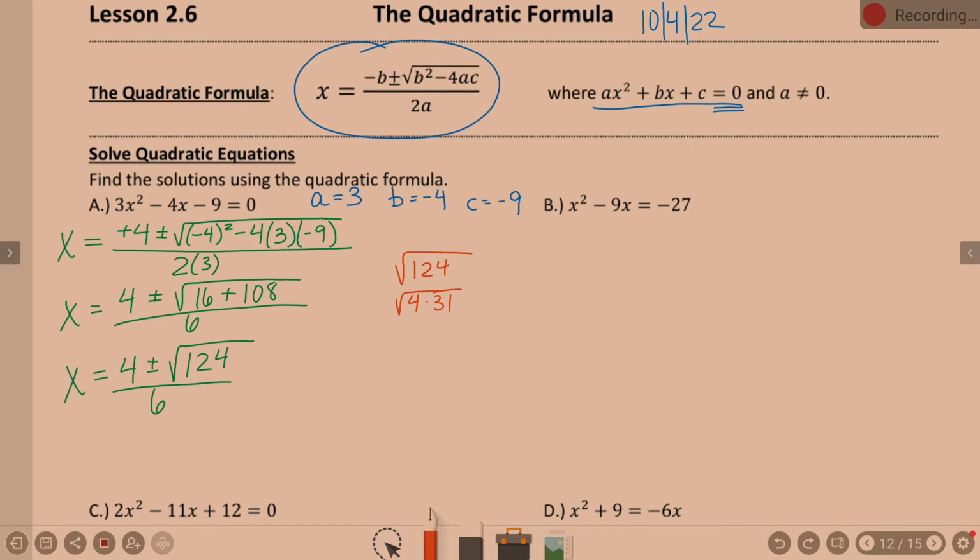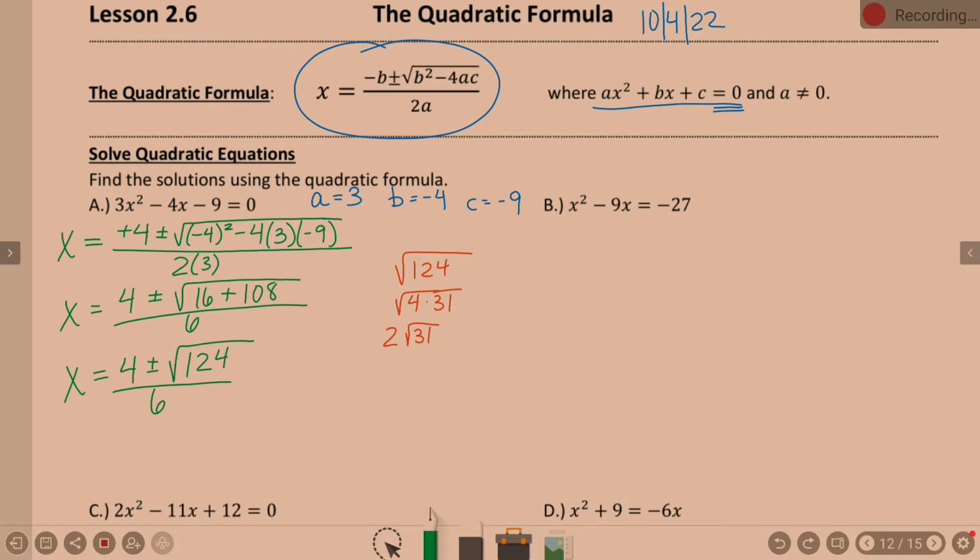So when we simplify this, the square root of 4 is 2, and then square root of 31 stays square root of 31. Does that sound a little familiar? As I said, we have a whole chapter later where we simplify radicals. They don't ask you to do a ton here, but they do ask us to do a little bit of the basics. So that's what I'm trying to review.